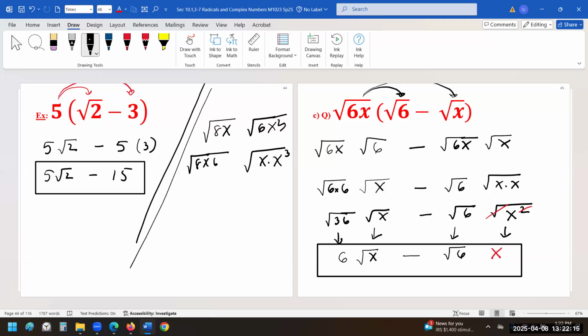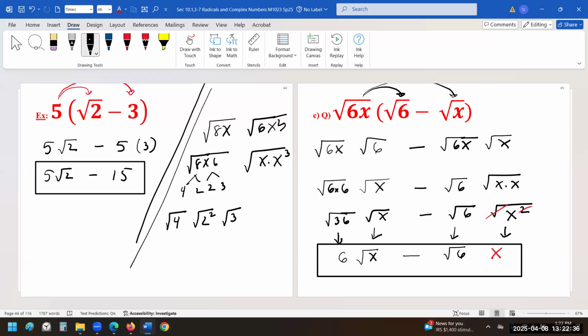And then you don't multiply, instead simplify. So 8 is 4 times 2 and 6 is 2 times 3.